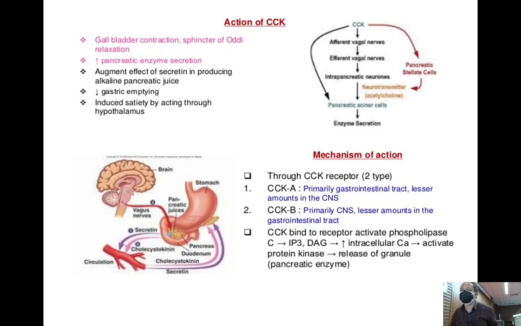So CCK may also involve stimulation of vagal nerves and then the intrapancreatic neurons, which then stimulate the pancreatic acinar cell. Acinar cells are laden with granules containing pancreatic enzyme, eventually leading to pancreatic enzyme secretion.